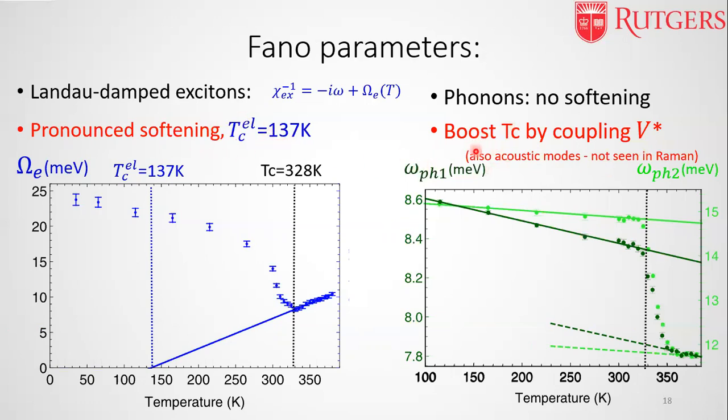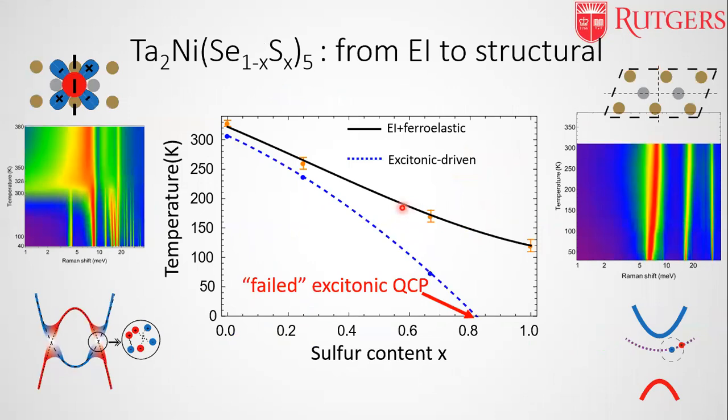And if we also take into account the acoustic modes that we cannot observe in Raman due to their very low energy, but I'll comment on that at the very end of my talk, you can actually reproduce the critical temperature in this compound. So what we have done is we applied this methodology to all the compounds in the series and constructed this phase diagram.